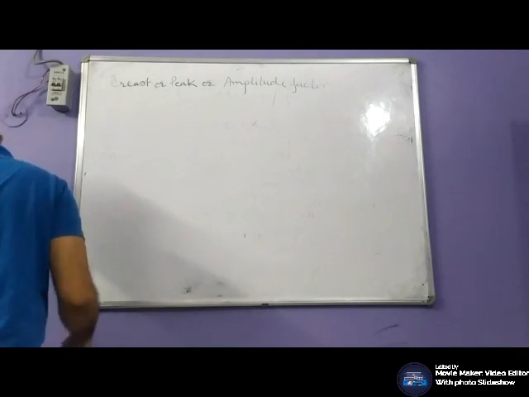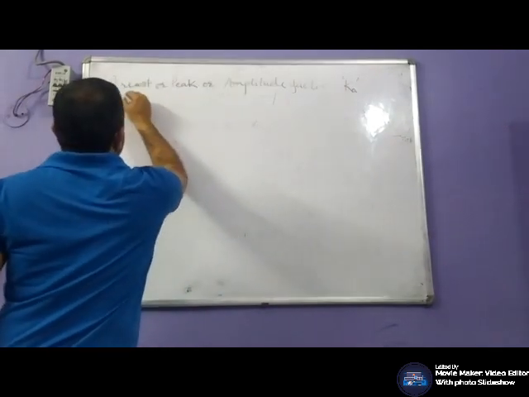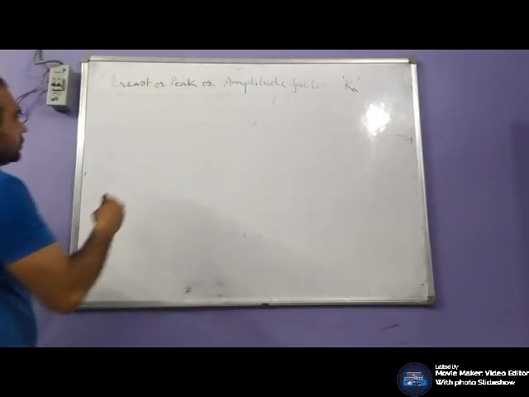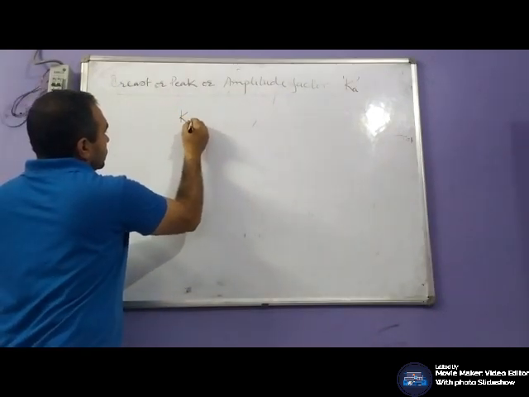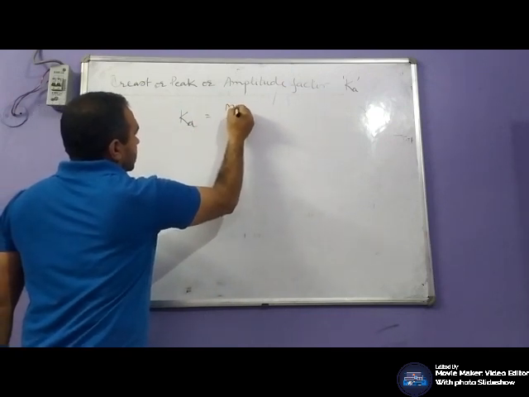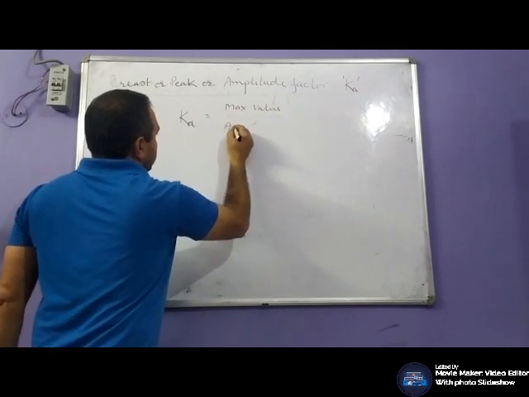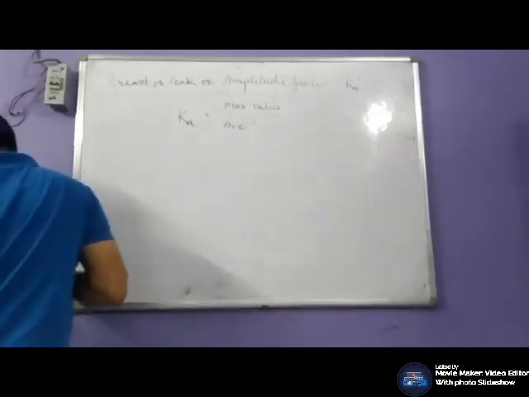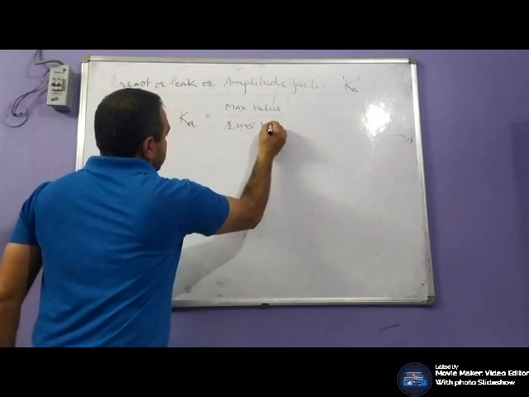Denoted by KA, and this is the ratio of maximum value to RMS value.